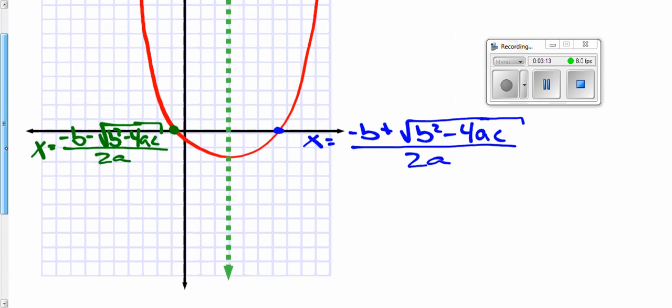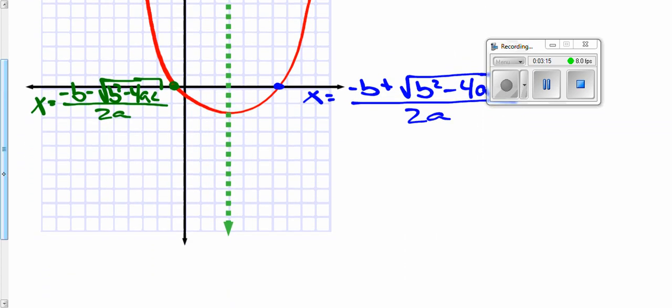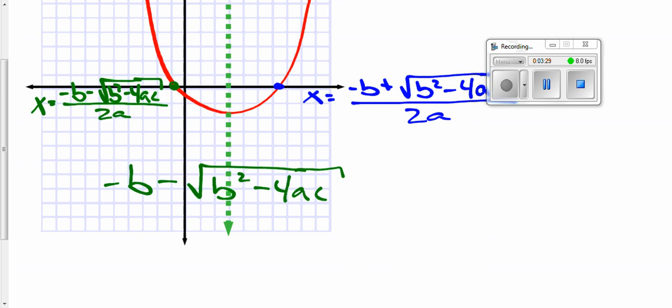Okay, so let's take my green x, so negative b minus, because this is the minus value, the square root of b squared minus 4ac all over 2a.